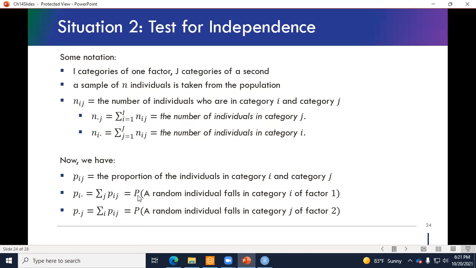Pi dot is a randomly chosen individual in category I for factor 1. And when we're talking about J, it would be a random individual in category J for factor 2. I feel it's easier to just look at those quantities.